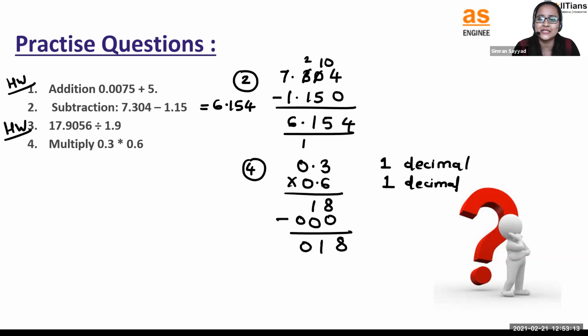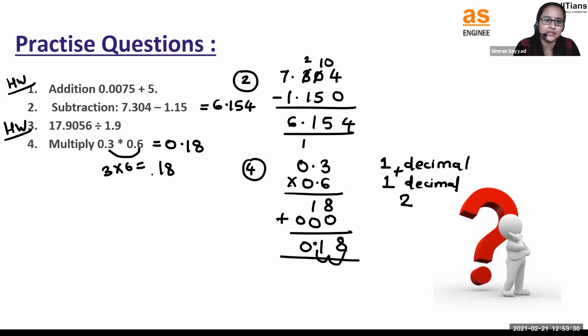After how many decimals? 2 decimal places. So from here 1 and 2. So here will be my decimal. So what is going to be my answer? 0.18. You can directly multiply here. 3 times 6 is 18 and you have to give the decimal after 2 digits. That's it. You can do it in that way also.